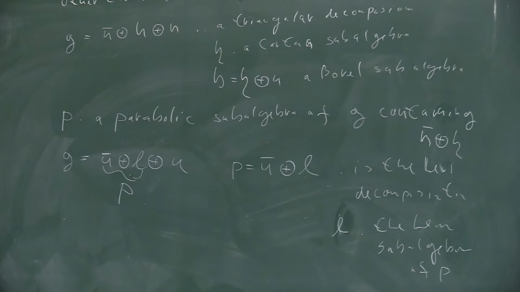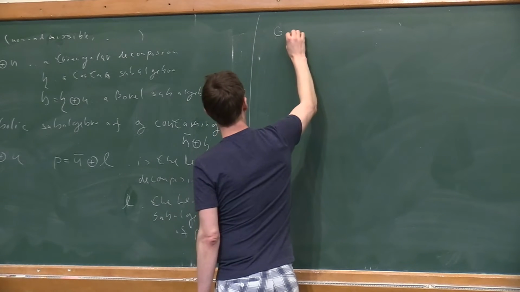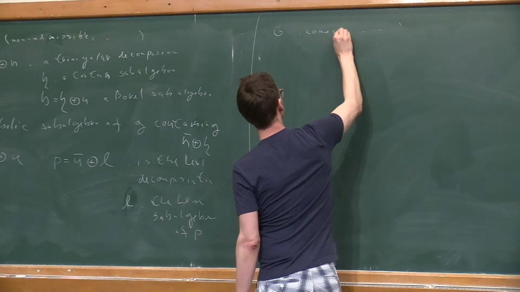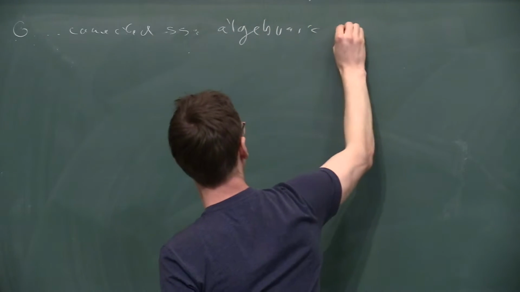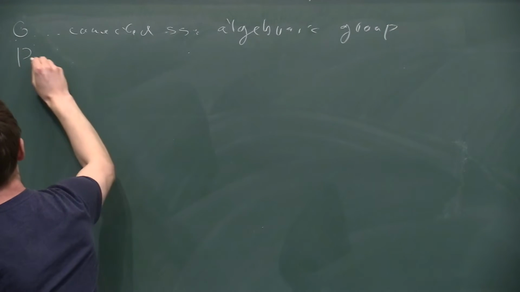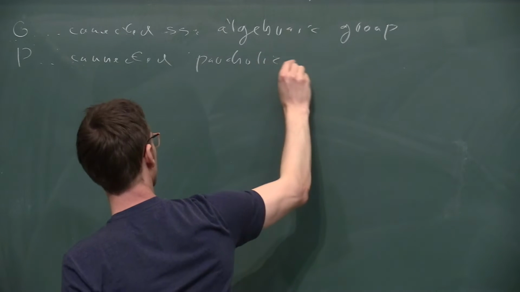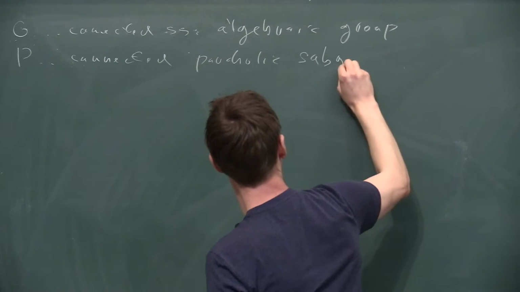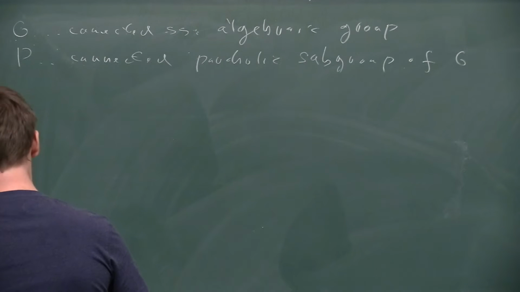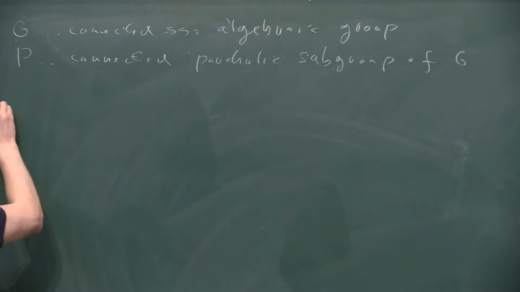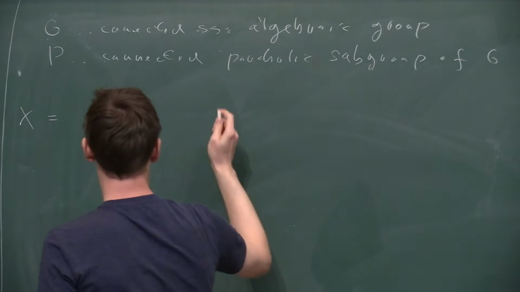So then I need to put in some geometry. To the algebra g, I can assign a group, a connected semisimple algebraic group G, and P will be a connected parabolic subgroup of G. If I have the group G and a parabolic subgroup, I can consider the generalized flag variety X, which is a smooth variety.